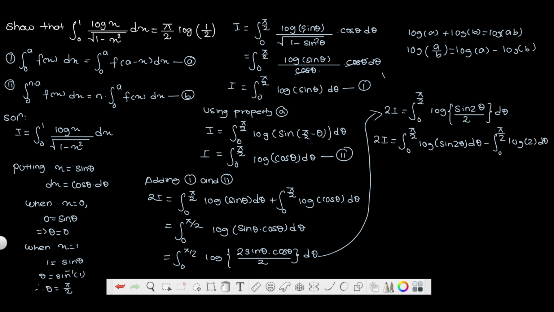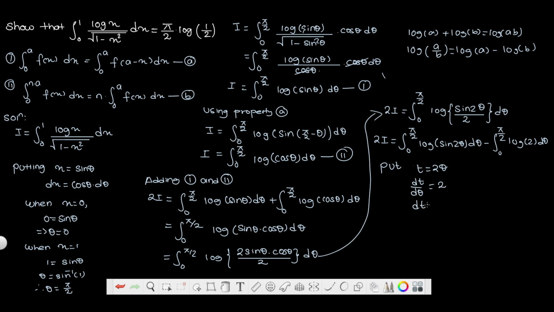Now we have to do another substitution. Put t equals 2 theta. In place of this 2 theta, we will replace this with t. Differentiate both sides with respect to theta. dt by d theta equals 2.